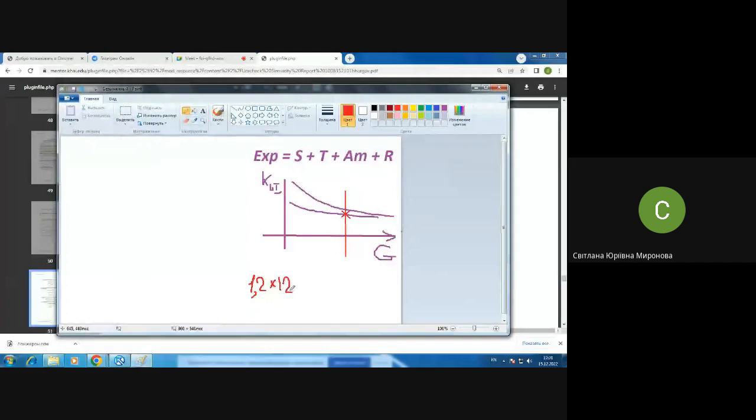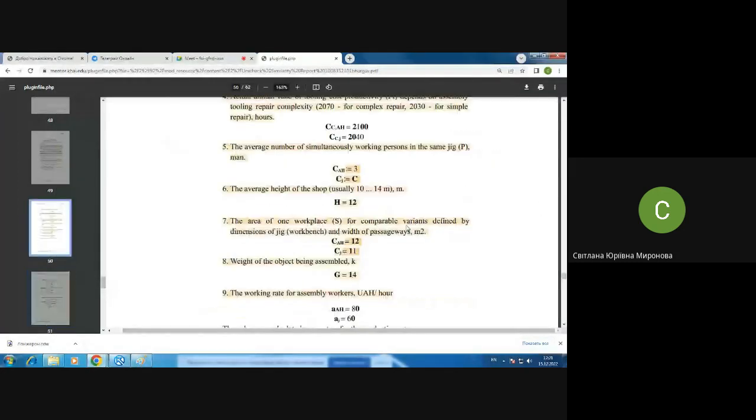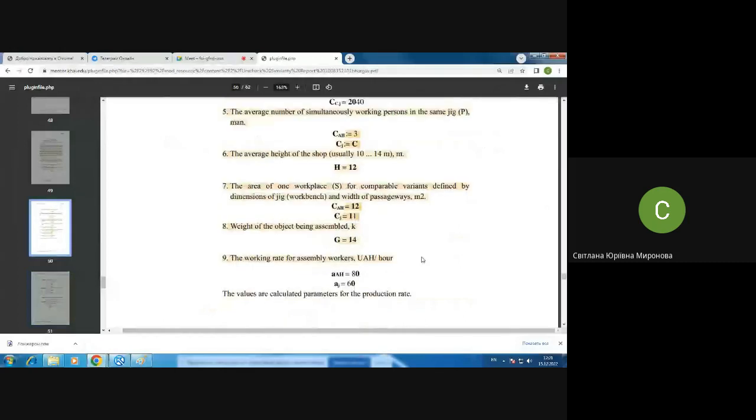And how to calculate salary now? For salary, we have the so-called tariff rate. The working tariff rate, you have seen it somewhere here. Of course, now there are other values, but let it be. I'm talking about 100 for the jig and 150 for assembly holes.